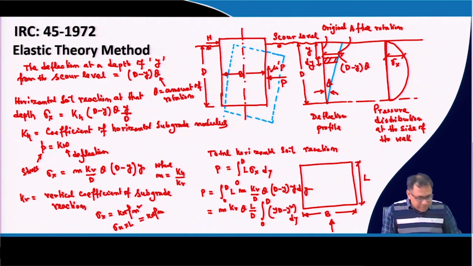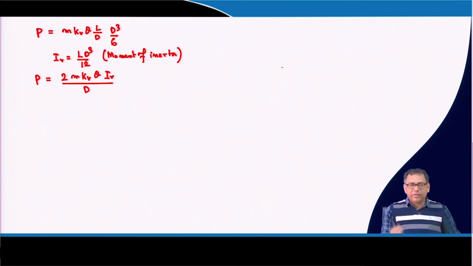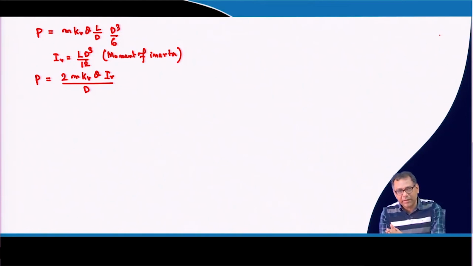Okay. So, I can write here. Okay. So, later on I will write there. So, in this class we have determined the total soil force. Okay. So, the total horizontal force due to the soil reaction, because the well is rotating, and then when it is rotating the soil will give the reaction.